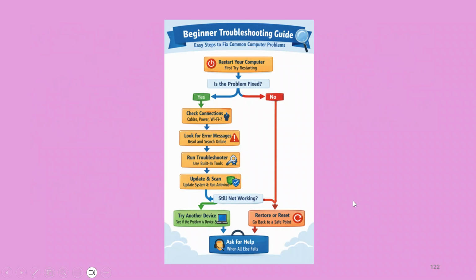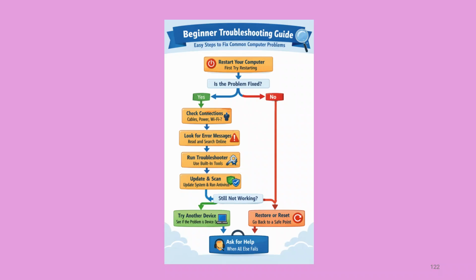So now what we've got is a beginner's troubleshooting guide, which is easy steps to fix common computer problems. When you've got a problem with your computer, one of the first things you want to do is restart your computer, because when you restart, a lot of temporary glitches will be resolved.